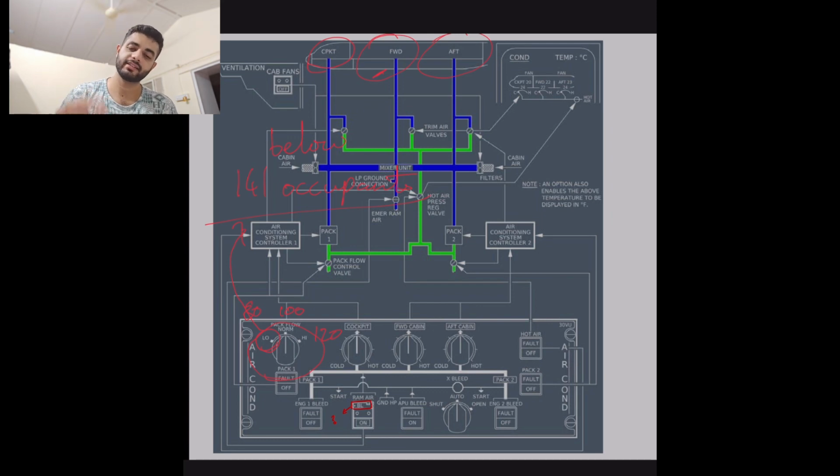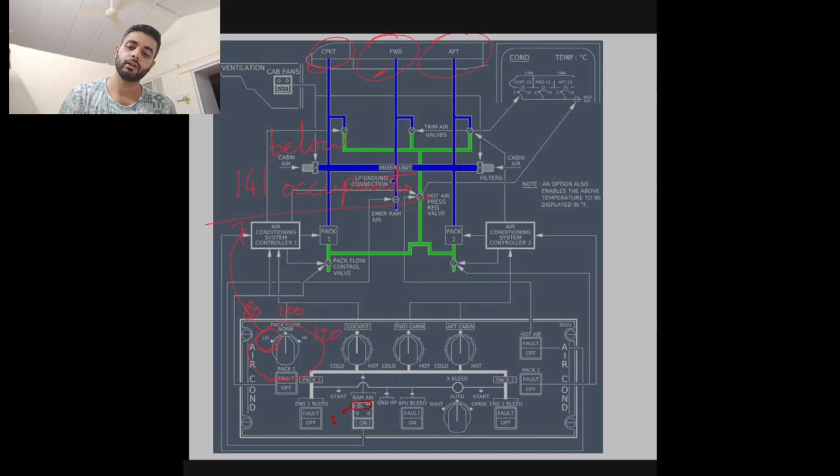Now, ACSC failure. When will it happen? ACSC failure happens in case both the lanes have failed. Then it's a complete failure. The trim air valve is shut, the water pressure regulating valve is shut, and the other pack is running the whole show.